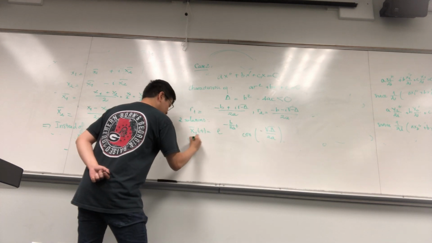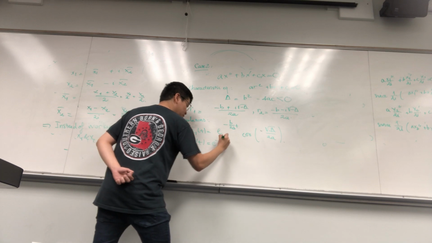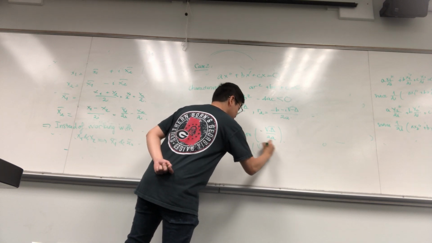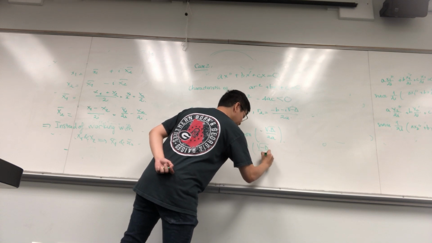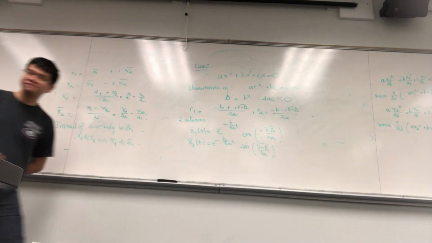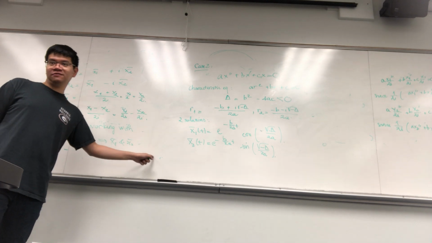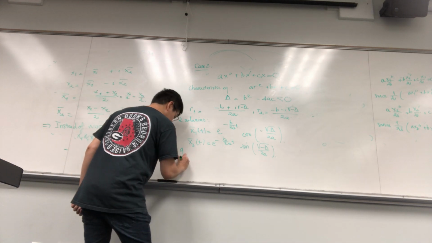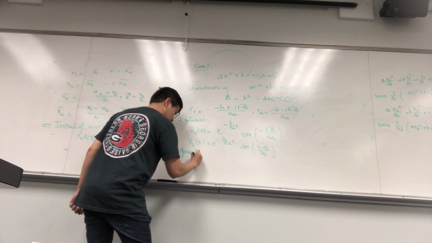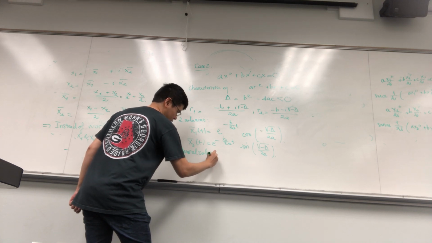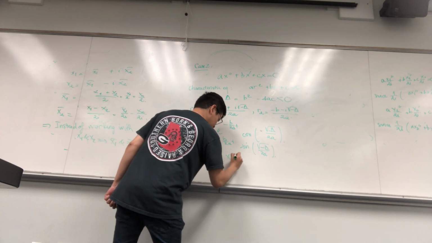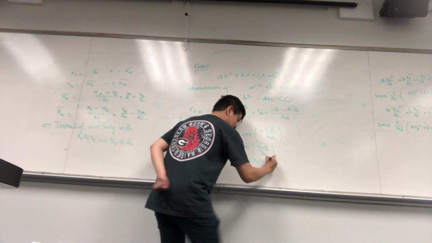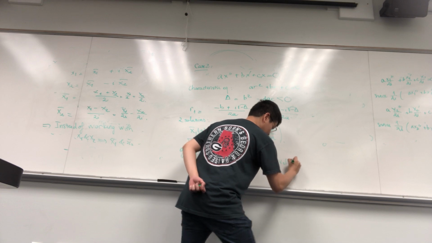And x2 bar will be e to the power minus b over 2a t sine of square root of minus delta over 2a t. Right? And the general solution will be the linear combination of x1 bar and x2 bar. The solution x of t is c1 x1 bar of t plus c2 x2 bar of t. All right?